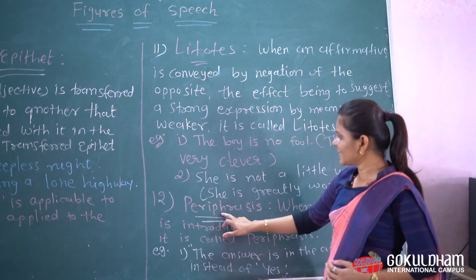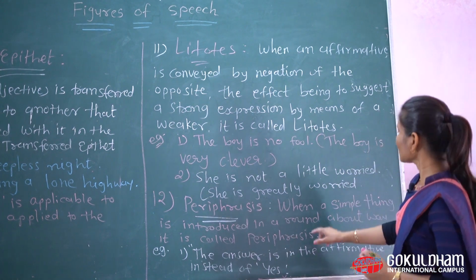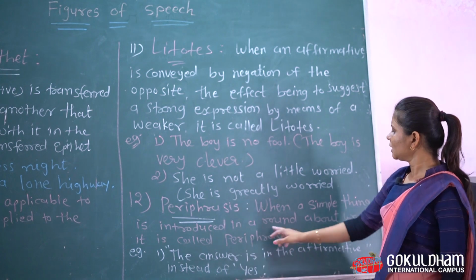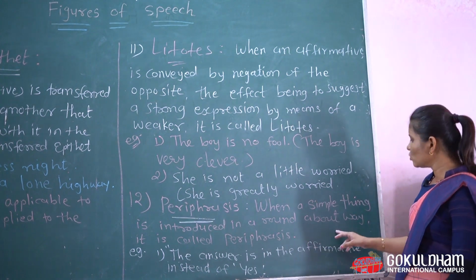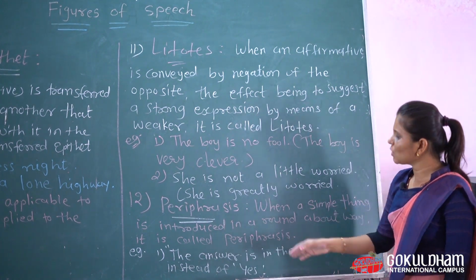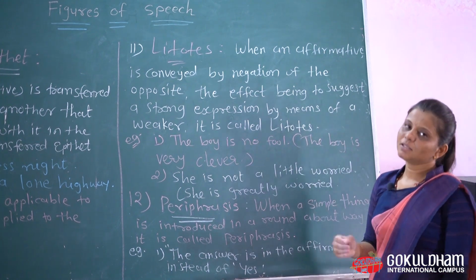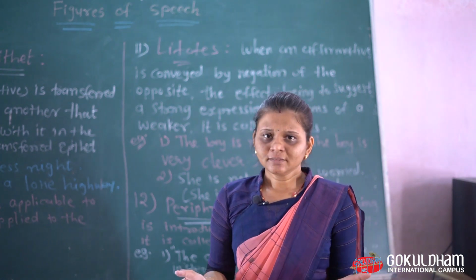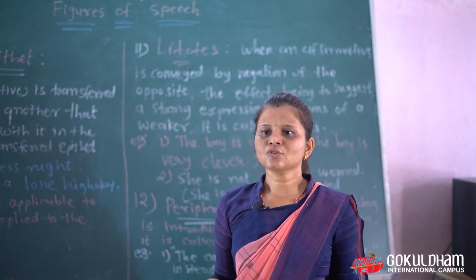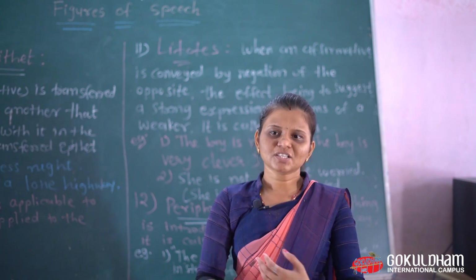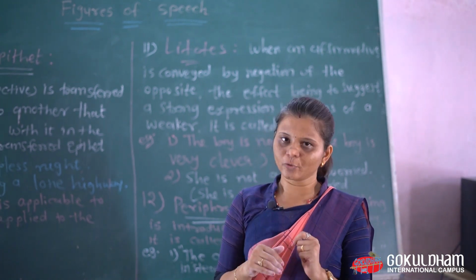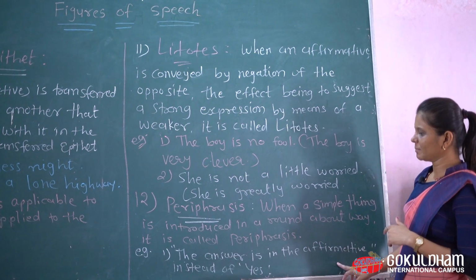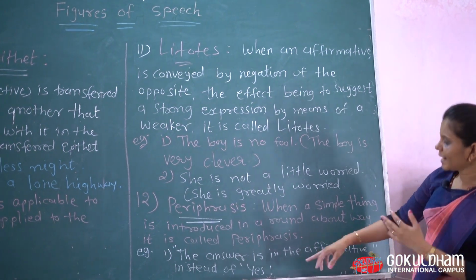Next, periphrasis. When a simple thing is introduced in a roundabout way, it is called periphrasis. It means simple things you can show in a round way. You can define or show it in a simple way, but still you can show it in a round way. Like, the answer is in the affirmative, instead of yes.